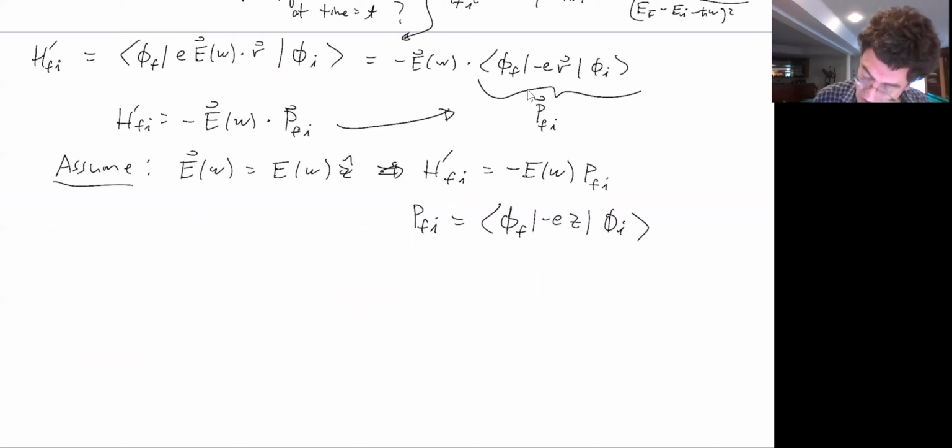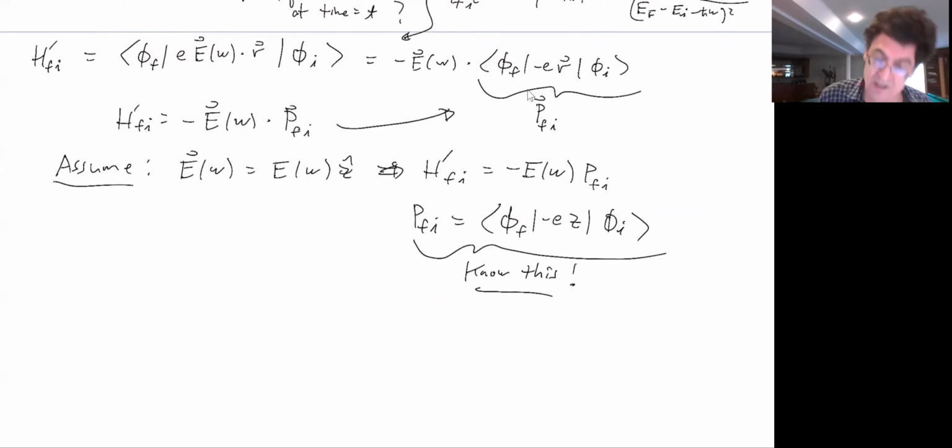Okay, and let's assume that we know this. Because I know the initial state, I know the final state, and I know z, it's a function that I know. And so then that's a known quantity.